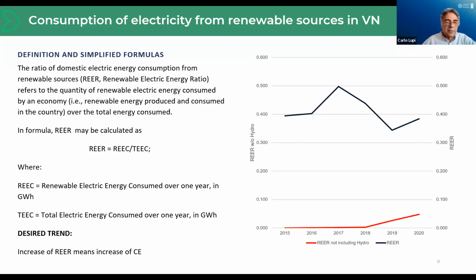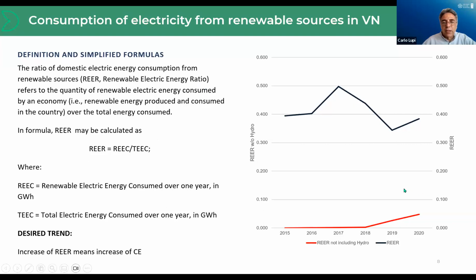Here is the simplified formula, let's say the final formula for these indicators. And the data here are from the Vietnam Institute of Energy, so 2015-2020.